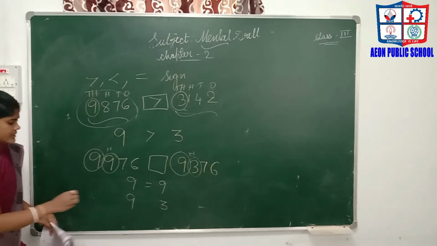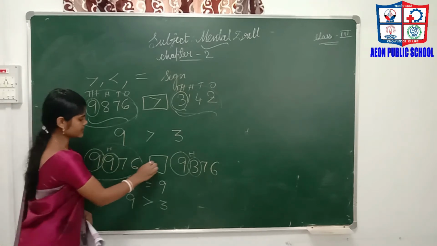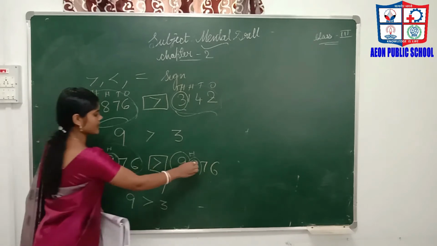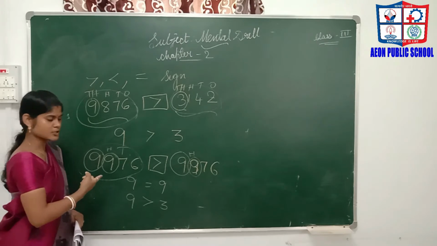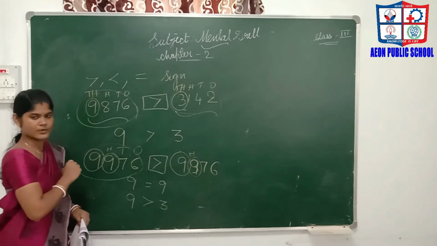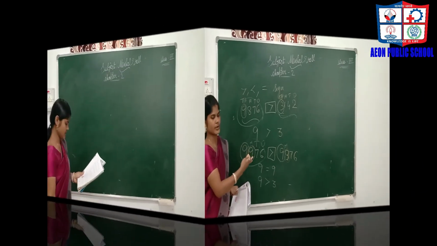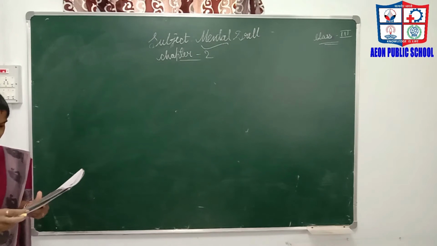Obviously 9 is greater than 3. So we can say this number is greater than the other number. If the hundreds place is also the same, then move to the tens place. If the tens place is also the same, then move to the ones place. Like that you compare the numbers from left side to right side. By this you have to do the 5th bit on page number 13.